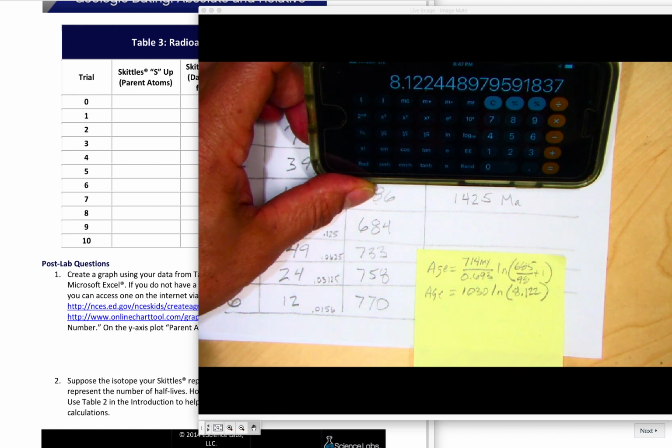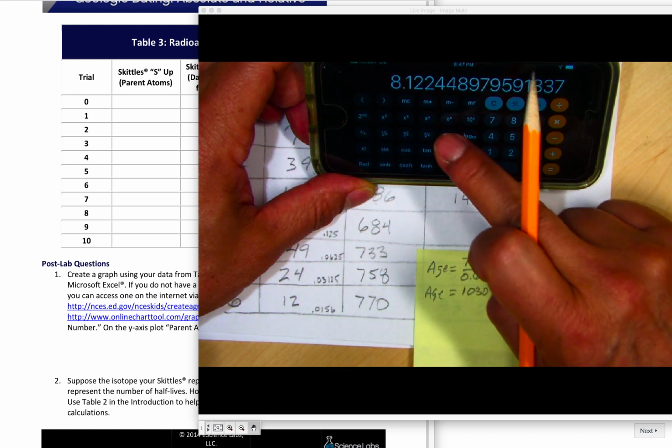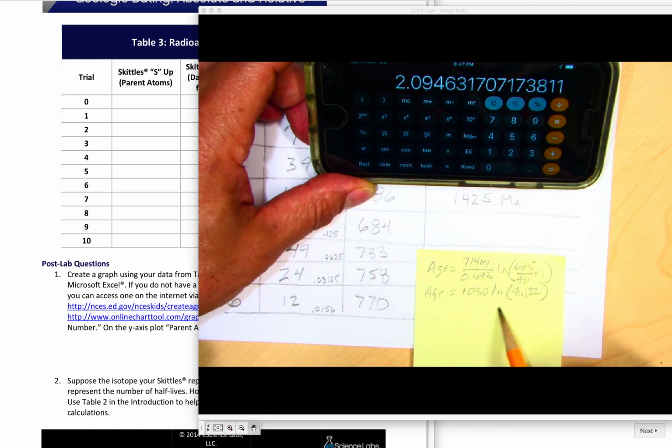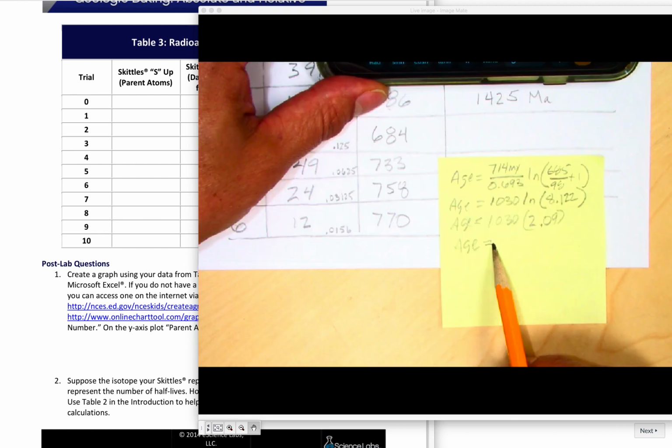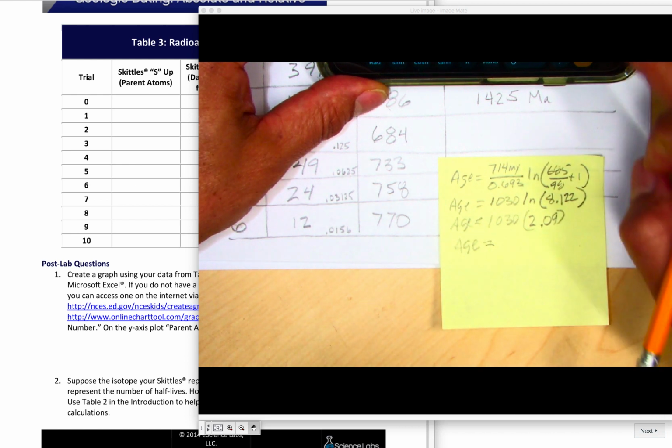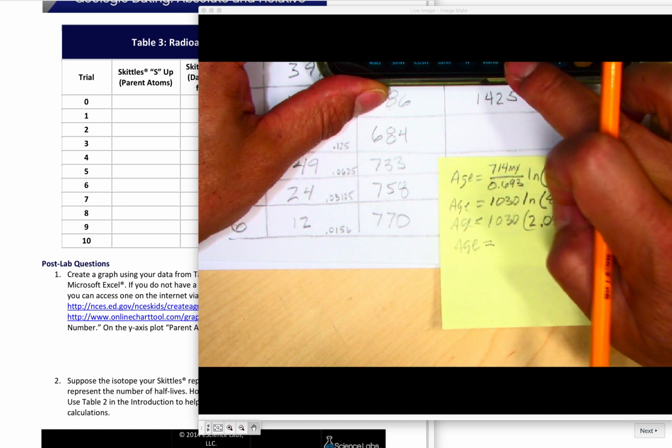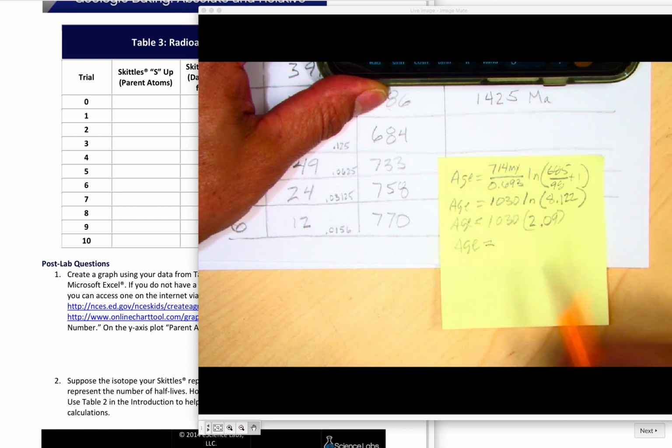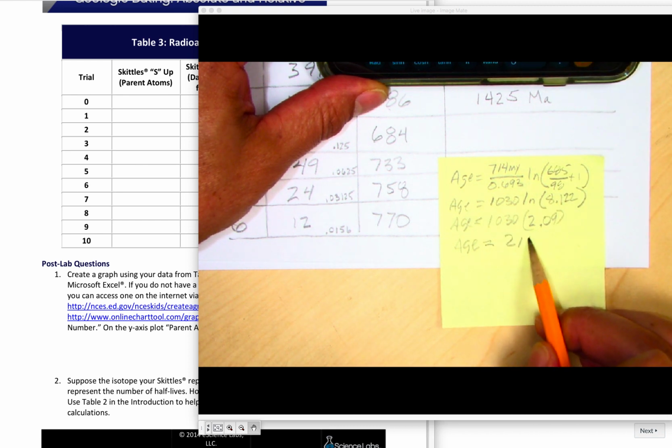We'll just do 3 significant figures there. So that's this here. Now I'm going to take the natural log of that, so I'm just going to hit my natural log button here. And that becomes 2.09. I'm going to multiply that by the 1030. So my age is going to be 1030 times 2.09, and I get 2158.